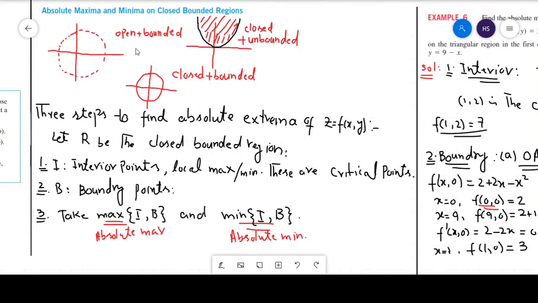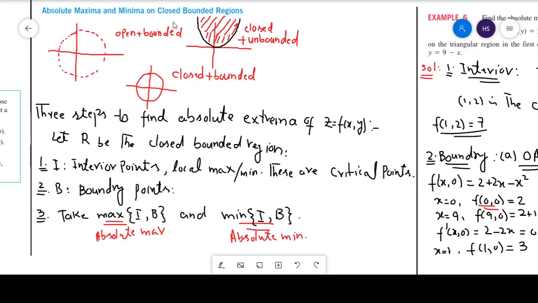This is an open region that is bounded, because you can pack it in a disk of some positive radius, but the boundary is not included. Here the boundary is included, so the region is closed, but it goes infinitely in this direction, so you can never pack it in a closed disk of finite radius. That means this is an unbounded region.